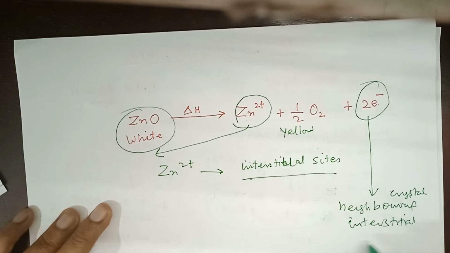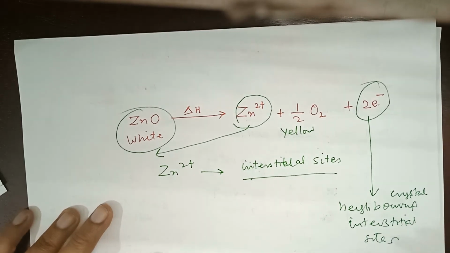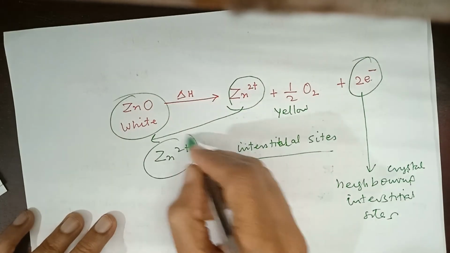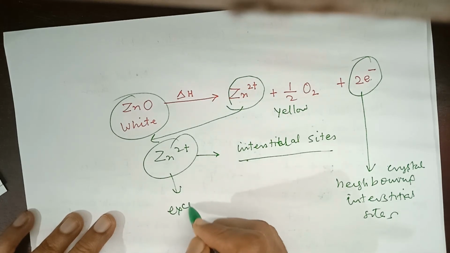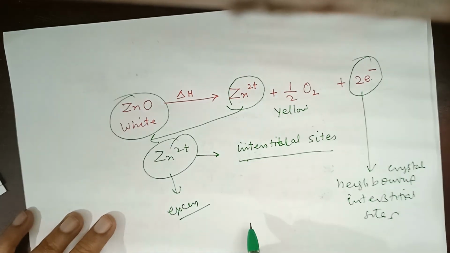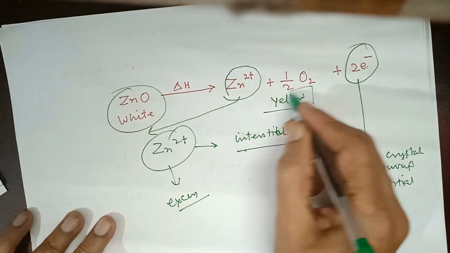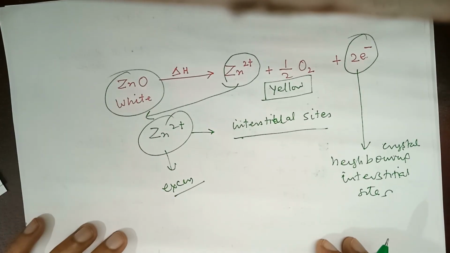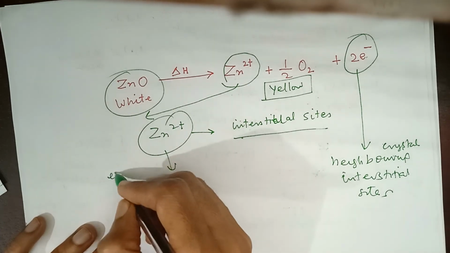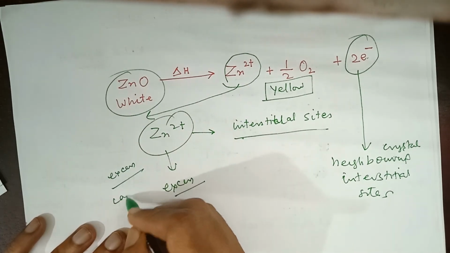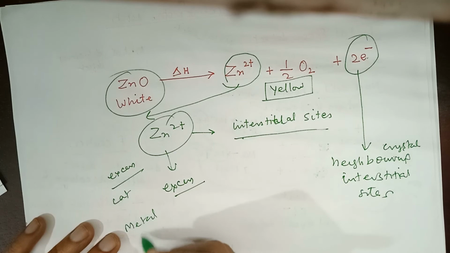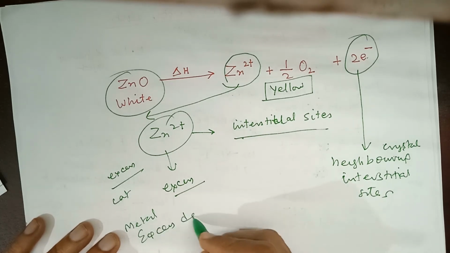So in the process, this Zn2 plus is in excess in the crystal and that makes the crystal yellow in color. Here excess of cations, so it is a metal excess defect.